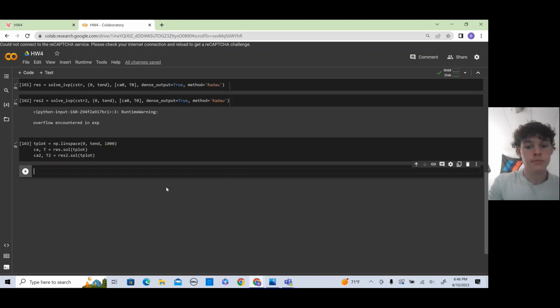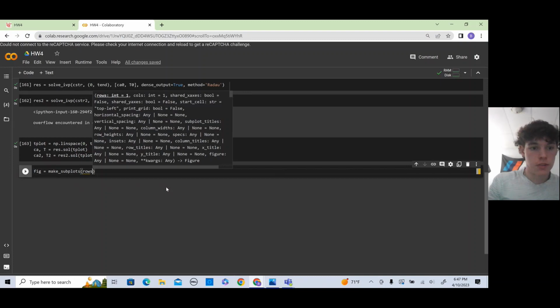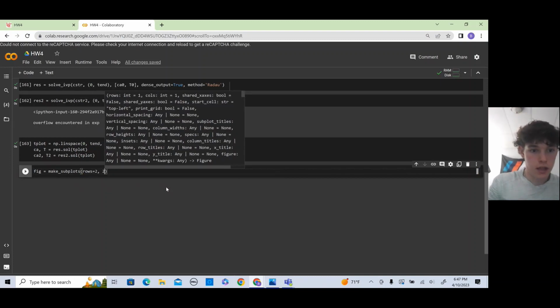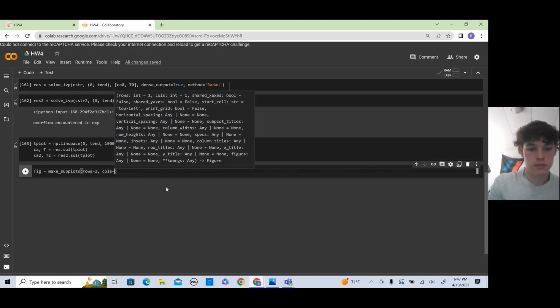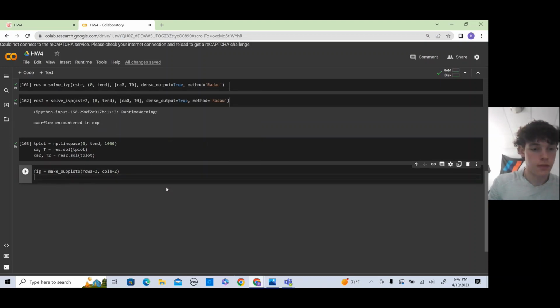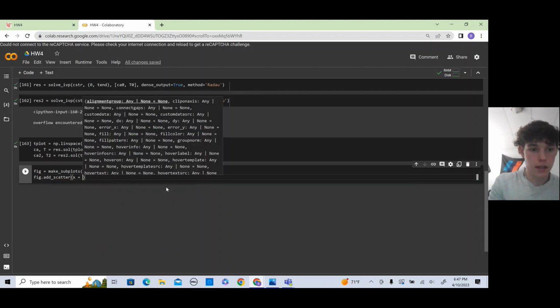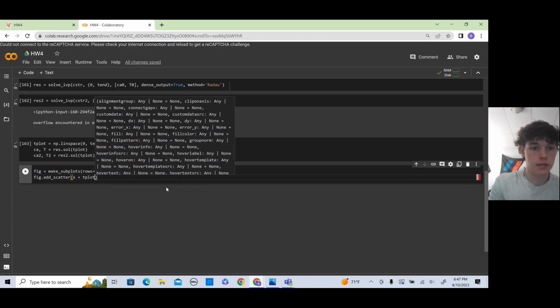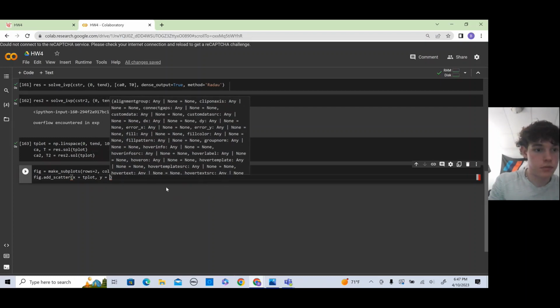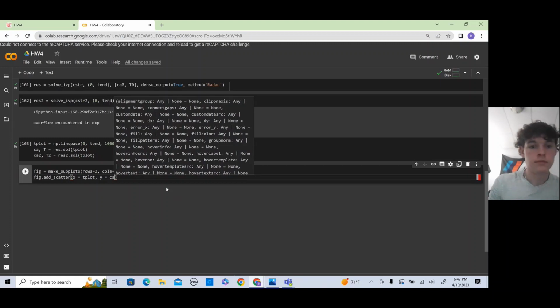So I figure is make subplots, and we'll have 2 rows and 2 columns. Fig.add_scatter. Our x will be equal to t plot. Our y will be equal to CA first.